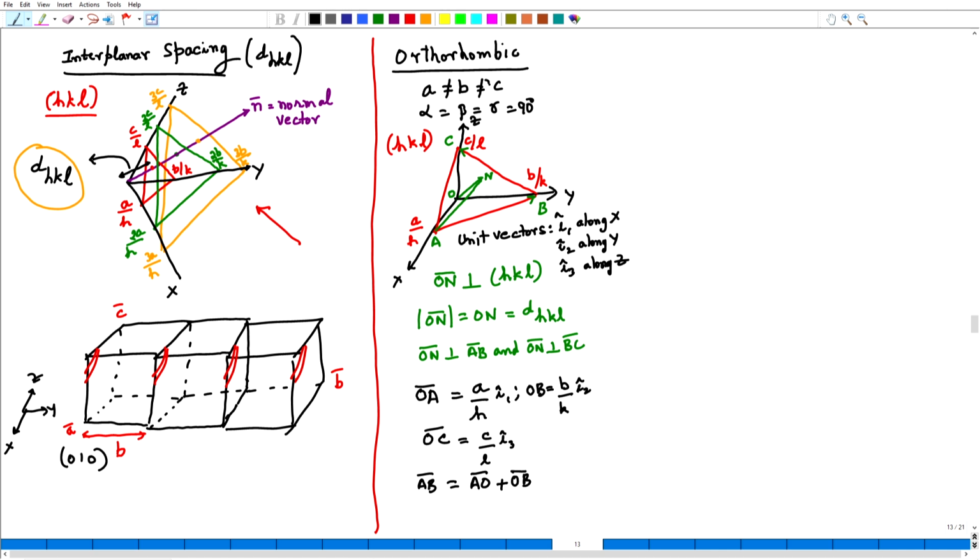Now, I know the magnitude of OA, which is a upon h. So, the vector AO will just be minus OA. So, this becomes minus OA plus OB, which gives me the vector AB as minus a by h I1 plus OB vector, plus b by k I2.